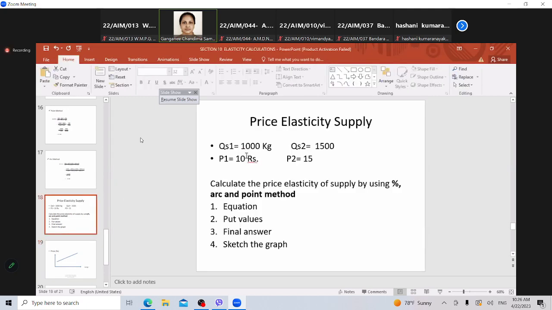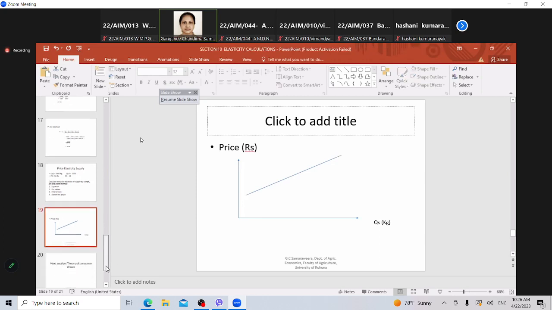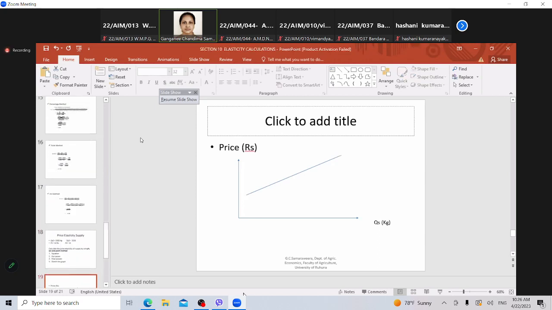See, the price increased, the quantity supplied increased. Now got it? This is the supply curve. Got the point? Yes, ma'am.